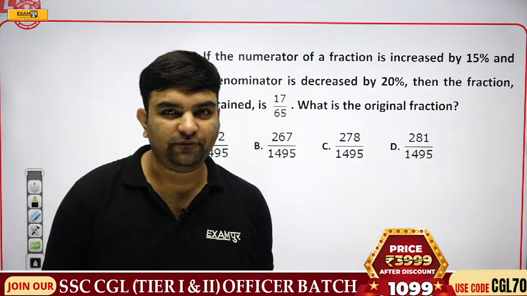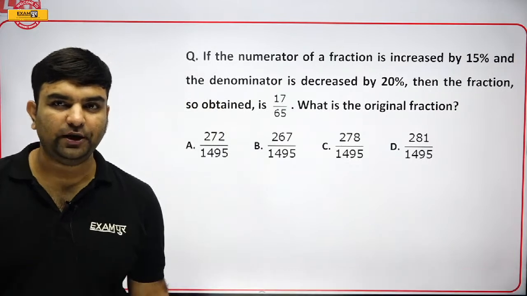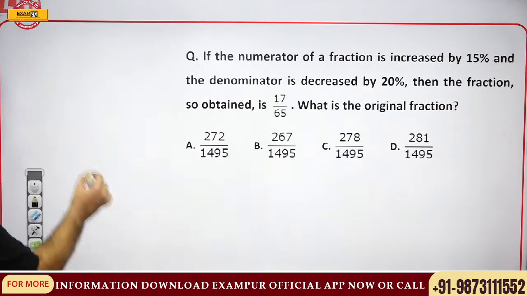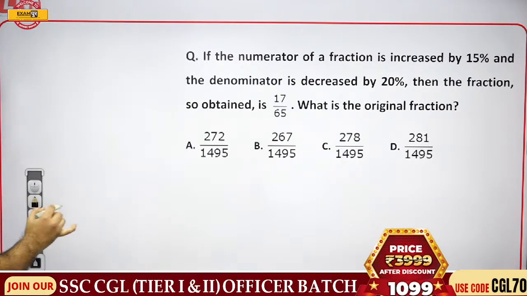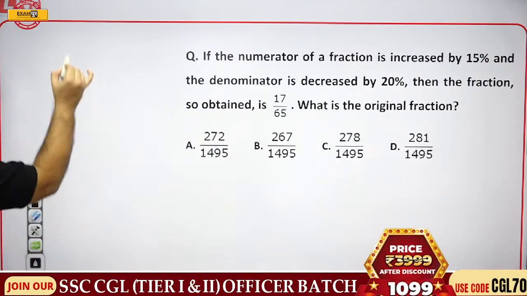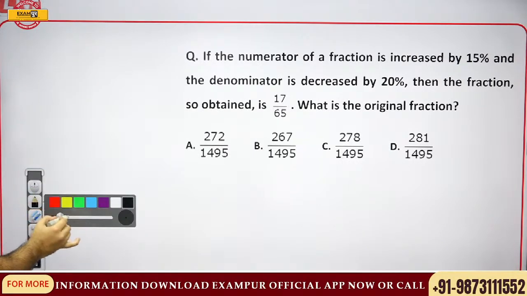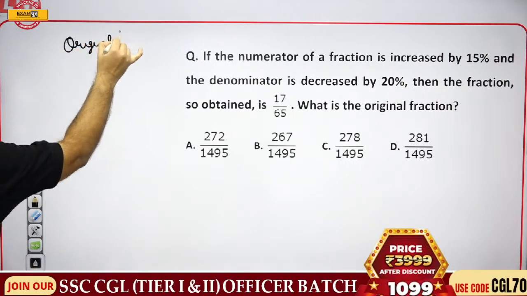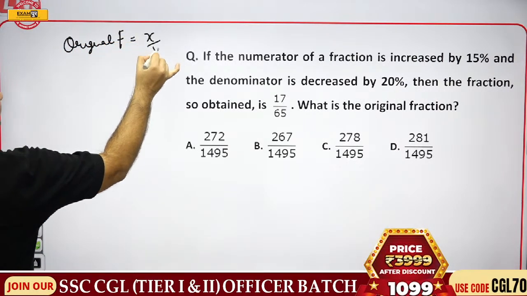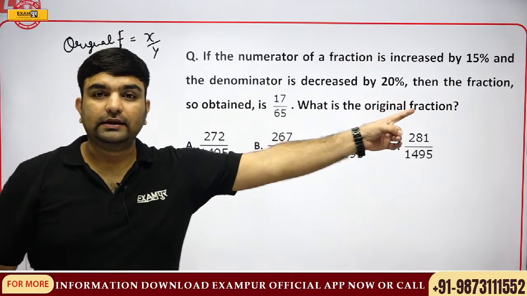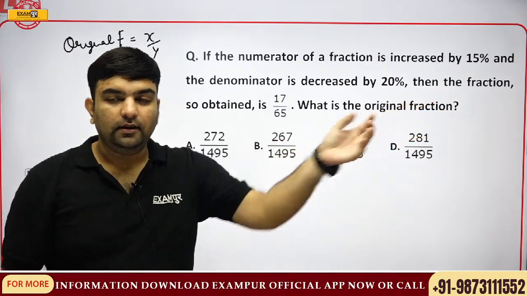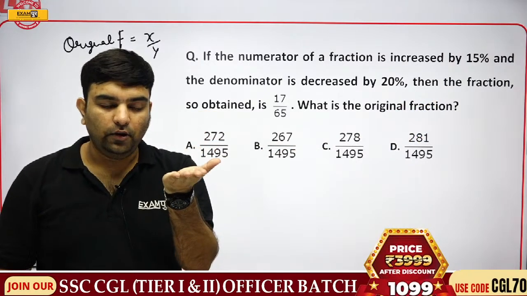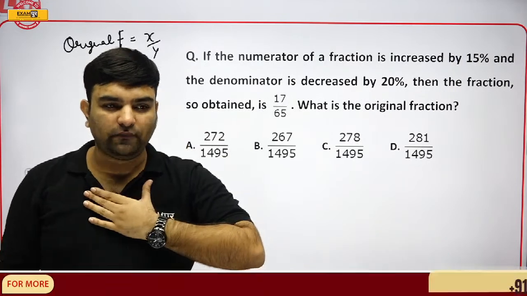Numerator increased by 15%, denominator decreased by 20%. Fraction is 17 by 65 now. Let the original fraction be x upon y. Increased by 15%. How can we increase something in the percentage? Anything is 100% of itself.